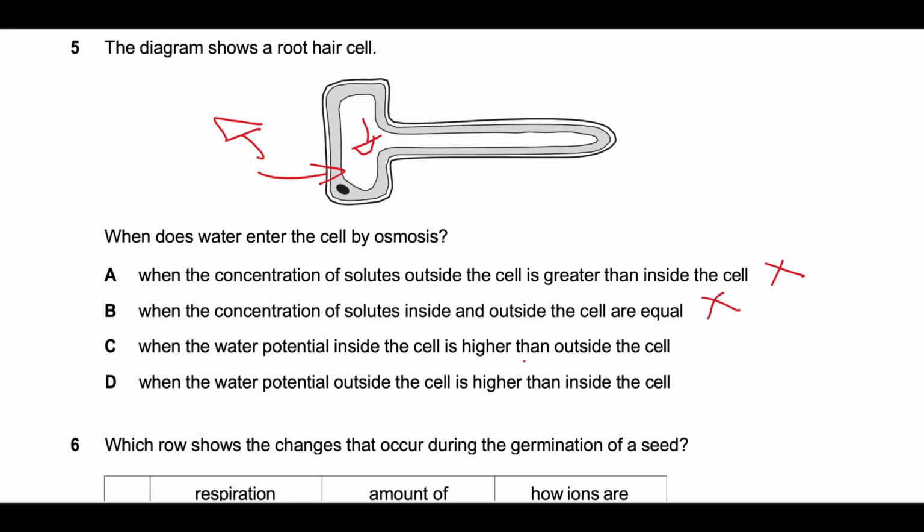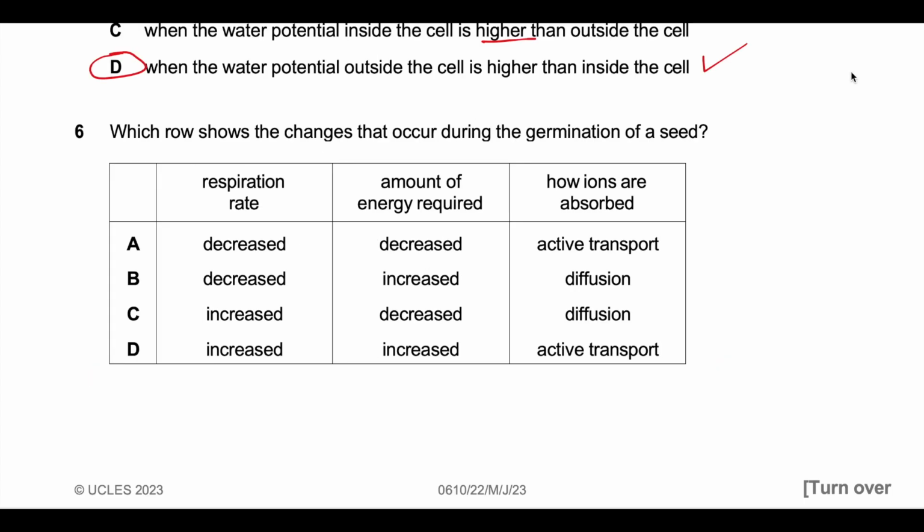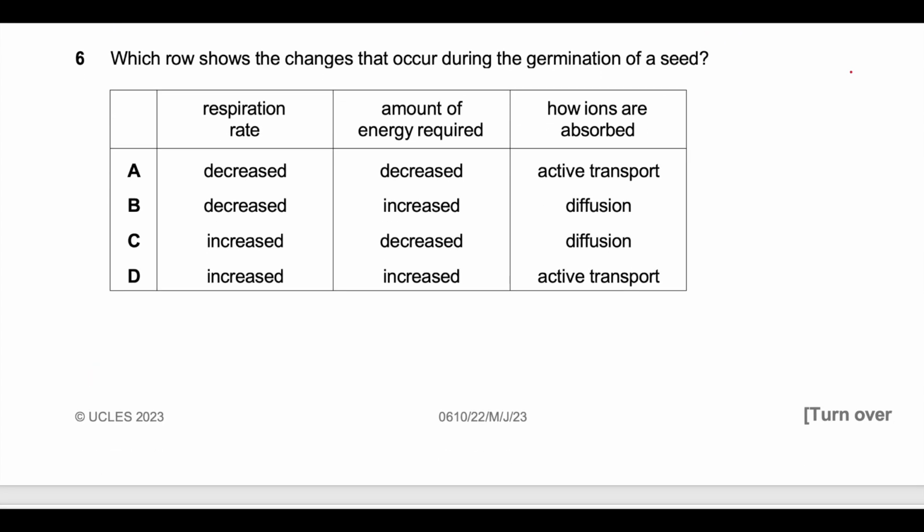C, when the water potential inside the cell is higher than outside the cell, and that will make the water move in the opposite direction. D, when the water potential outside the cell is higher than inside. This is the correct answer, so the right answer here is D. Let's move to question number 6.